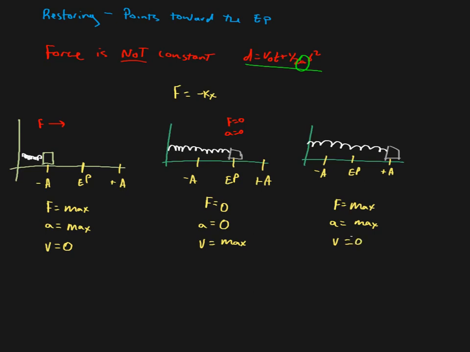So when we look at simple harmonic motion, one of the big ideas is that the system is in a continuous state of transition. It's going to go from 0 acceleration to maximum acceleration, or 0 force to maximum force, or 0 momentum to maximum momentum, or 0 kinetic energy to maximum kinetic energy. So you see, I've used all 4 perspectives to describe what's happening with an object that's in simple harmonic motion.